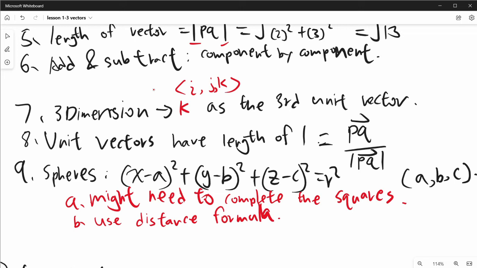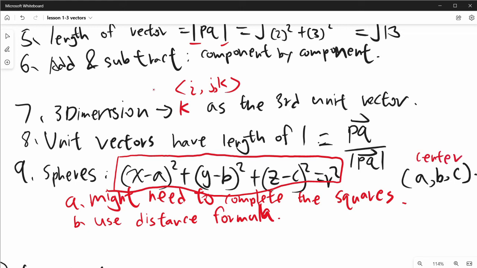And then there are shapes like spheres. The sphere equation is something that you should memorize, and it's pretty easy to memorize. It's (x minus a) squared plus (y minus b) squared plus (z minus c) squared equals r squared, with r being the radius, and (a, b, c) is the center coordinate.